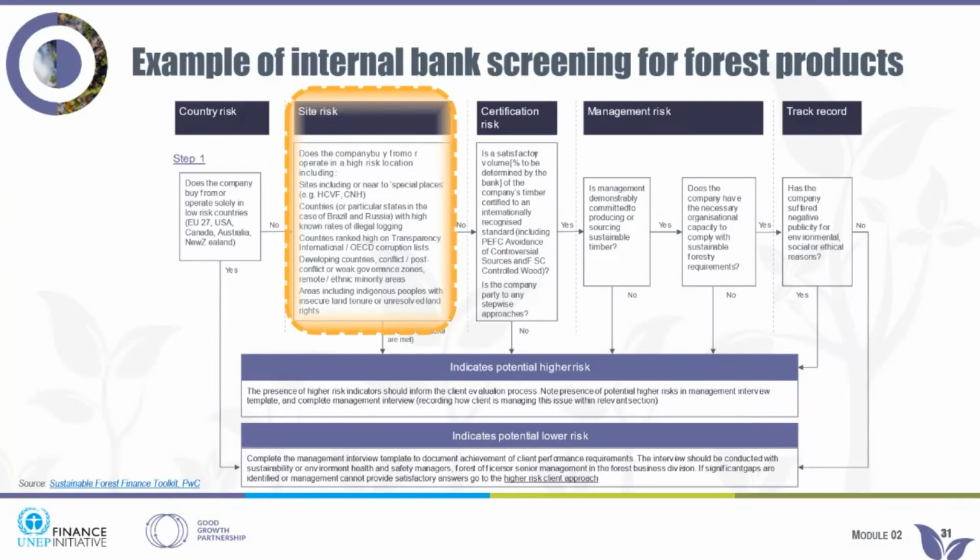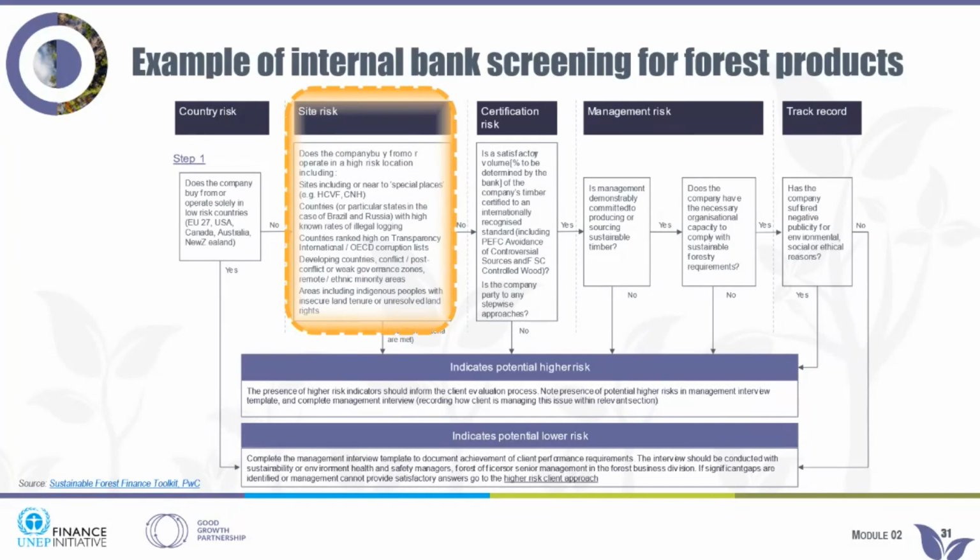This was step one, and then that was followed by several assessment questions and qualifiers aimed at the site level, and then the operational or management risk, and then the reputational risk, which in this instance was called track record.